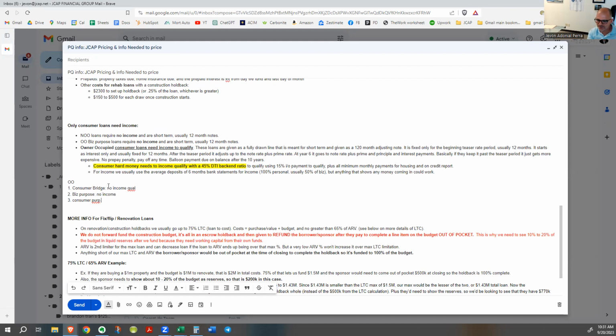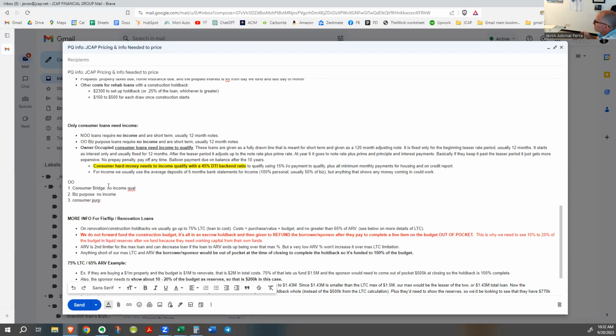Now, if they can't prove it's a business and it's not a consumer bridge, and they're using the money for their own personal life, they're paying off personal credit cards, they want to renovate the house they're living in, they want to pay for their kids' college, they want to travel the world, they're in some kind of trouble.